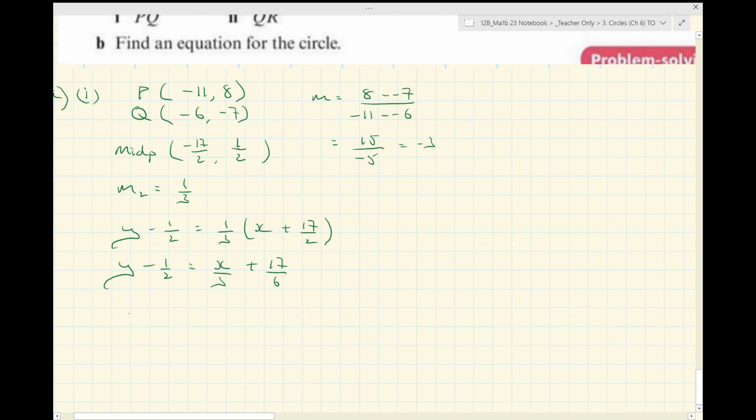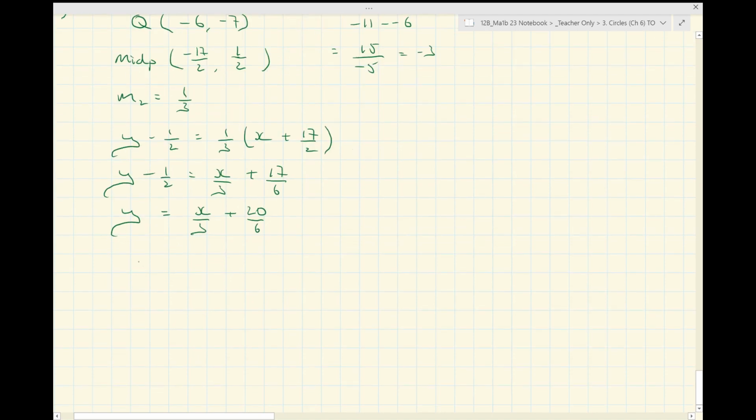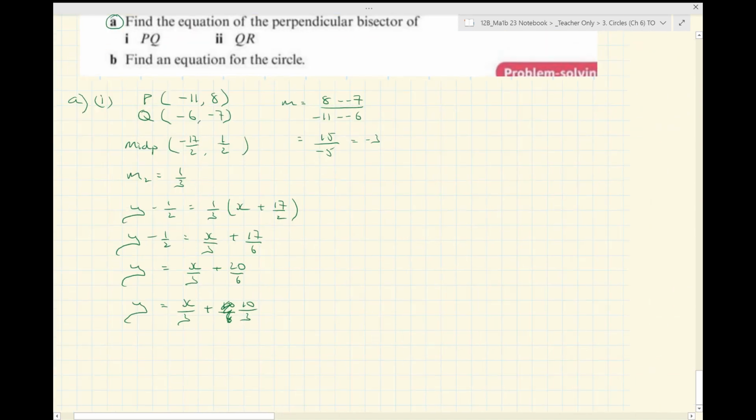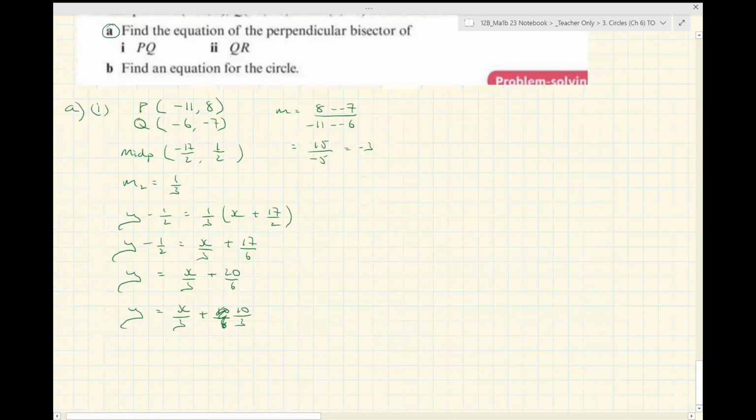So if I add a half to that, it's going to be x over 3 plus, well, a half is 3/6, that's going to leave me with 20 over 6. So I can simplify that. So I get y equals x over 3 plus 10 over 6. Over 3, I beg your pardon, plus 10 over 3. And that is the equation of the perpendicular bisector of PQ.